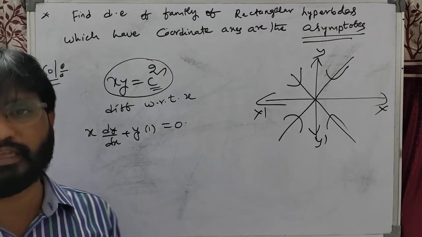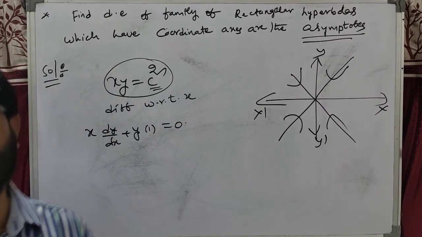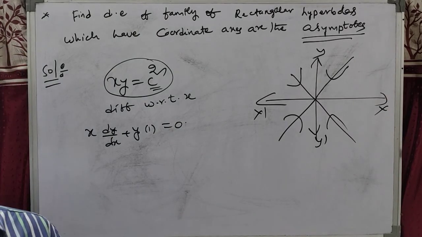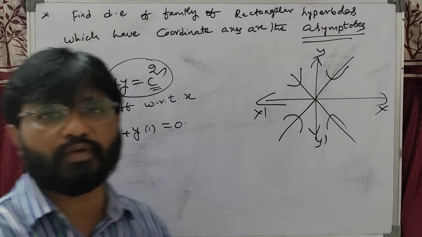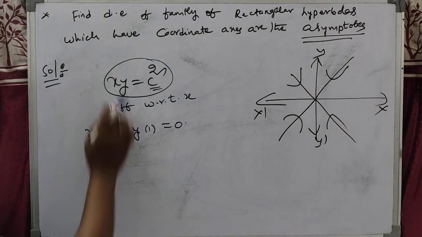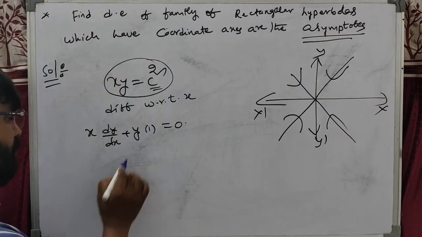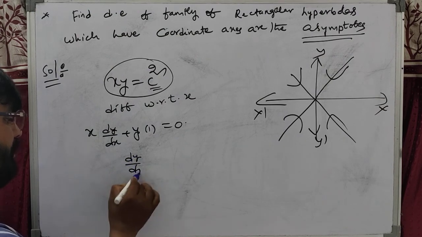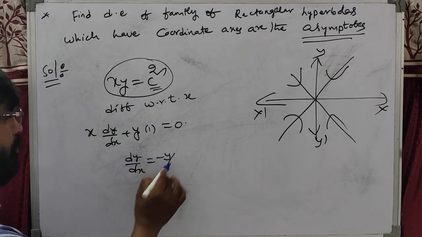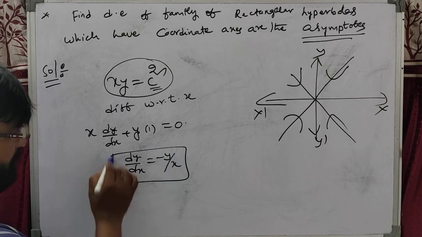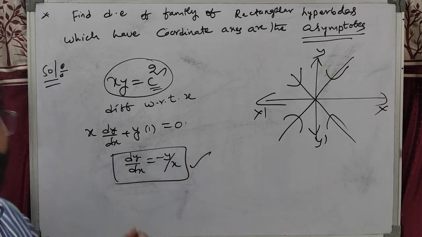Everybody must know that the equation of the rectangular hyperbola whose asymptotes are the coordinate axes is only xy equal to c square. Therefore x into dy by dx plus y into 1 equals 0. Therefore students, dy by dx equals minus y by x. This is the answer.